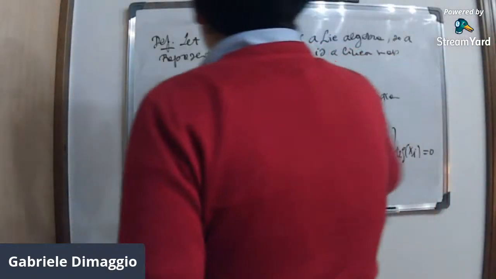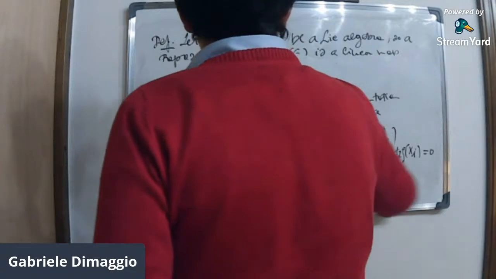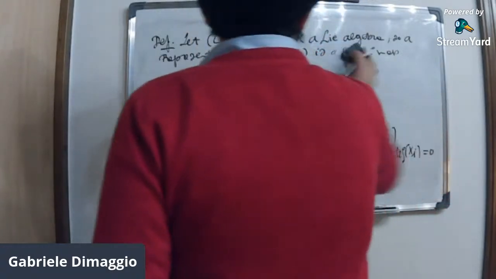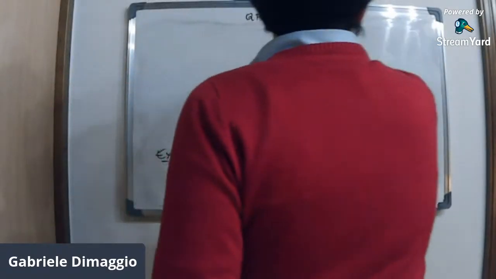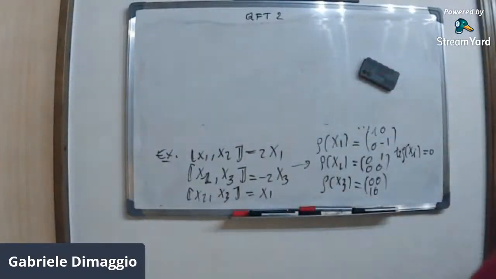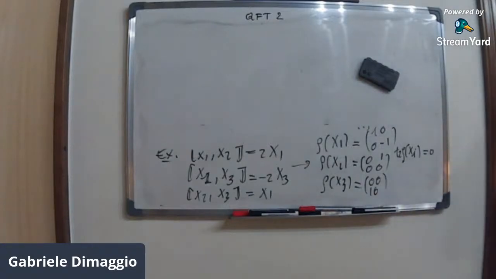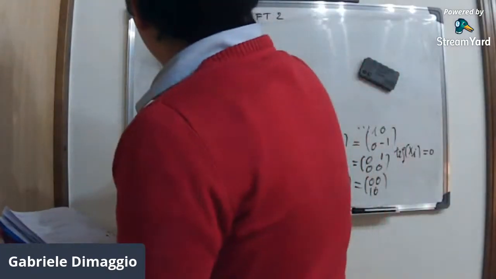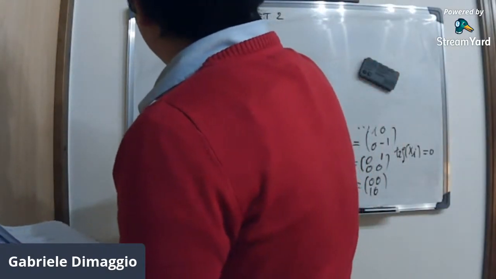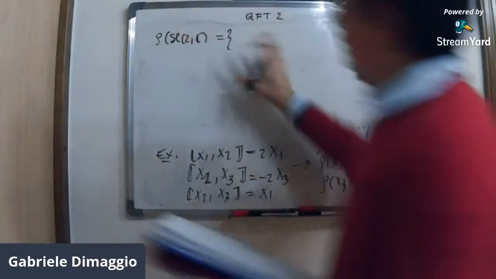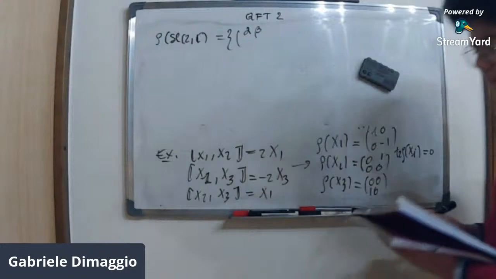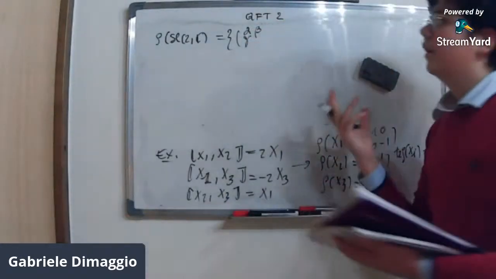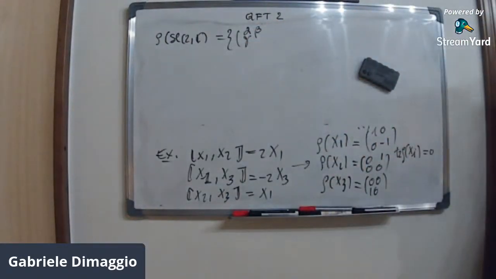And so I have the property that rho of SL2C is what? As this matrix alpha, beta, gamma, and which other letter?